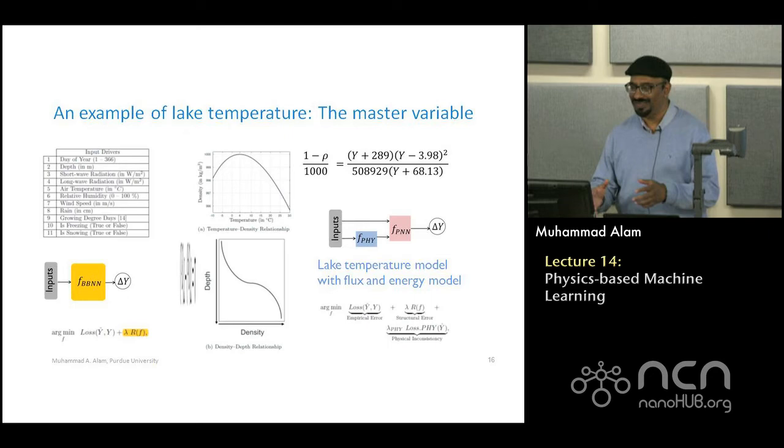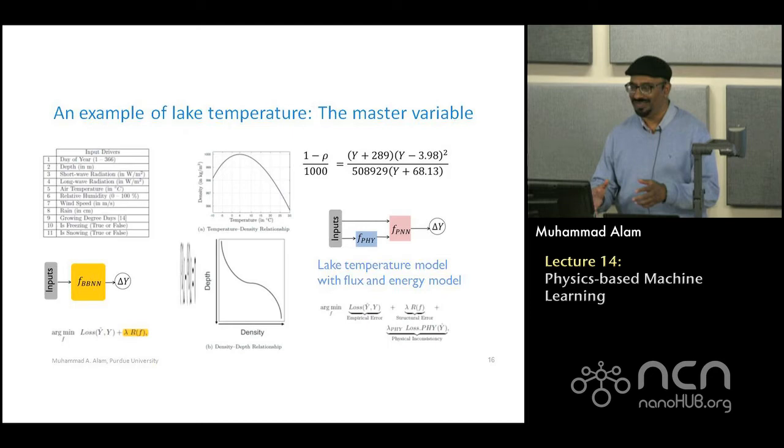So there is a whole set of inputs that will now feed your neural network. And here you have only partial information. You have only surface temperature information, and then you try to develop this black box neural network model.